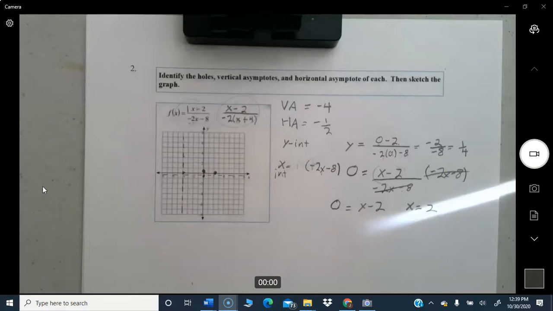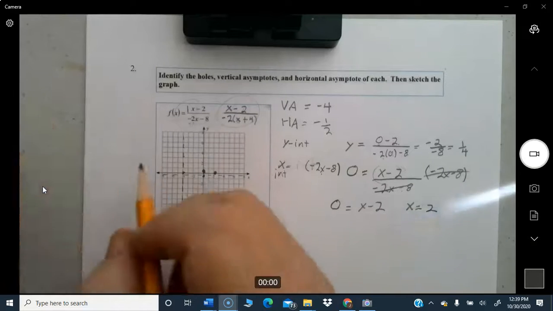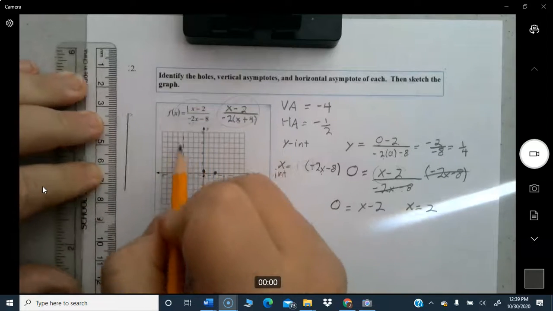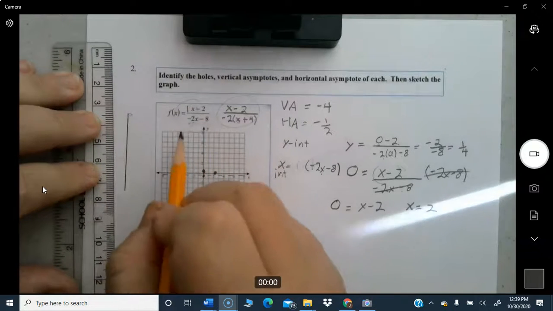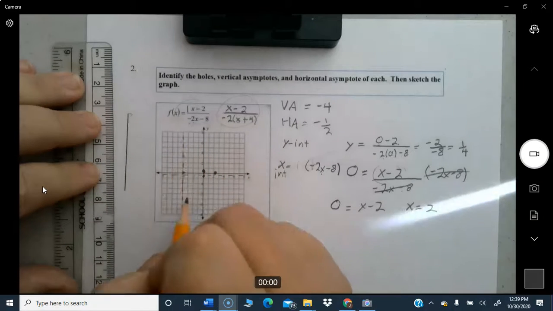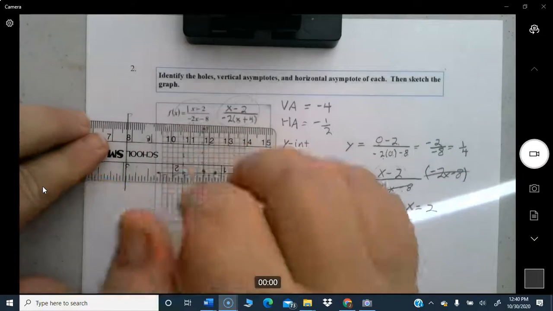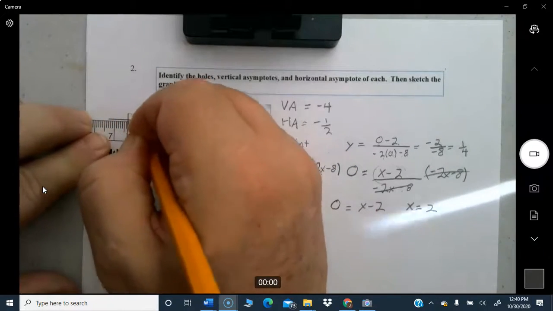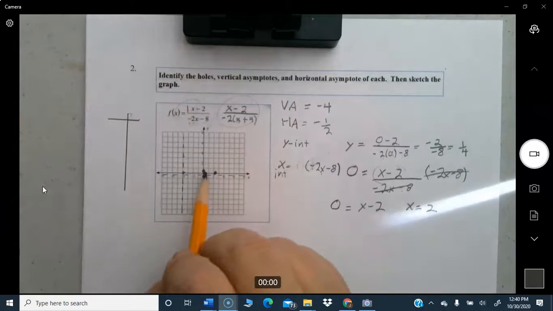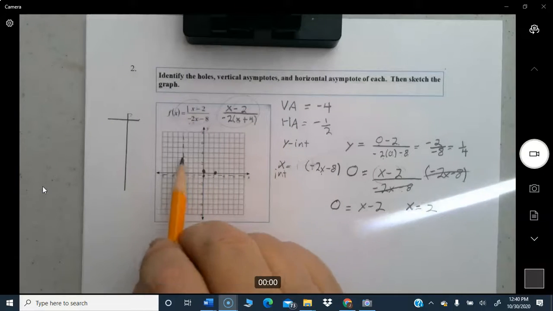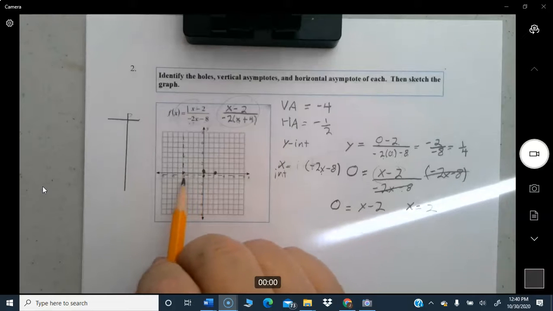Let's go ahead and pick 2 points to the right and 2 points to the left. You want to pick them strategically. The vertical asymptote is right there, going up and down. Looking right here, I already have 2 points to the right of this line. Let me pick one that's a little closer.